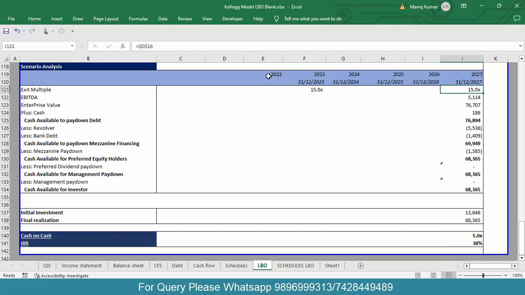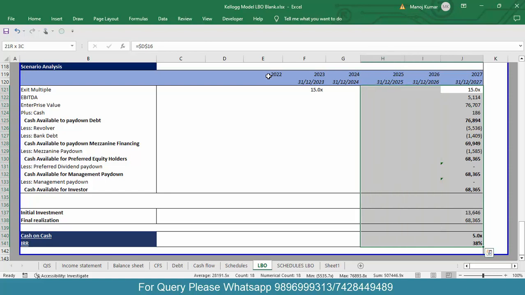Now we want to do a scenario analysis. Like if we sell this company after 5 years, the IRR will be 38%. But if we sell it in 2026 after 4 years, then what will be IRR? If we sell after 3 years, after 2 years, just after 1 year, then what will be our IRR? It will be a kind of scenario analysis, right?